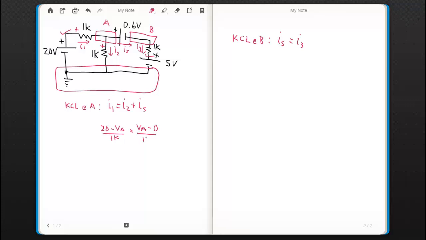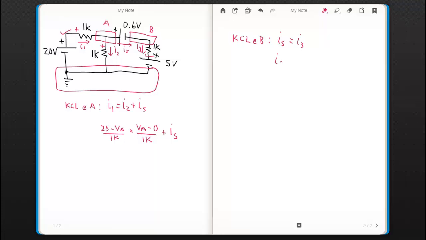Now, this is something we haven't seen before: when you have a current defined through a voltage source like this, you can't use Ohm's law. If you took the ideal internal resistance of the voltage source, which is 0, this term would blow up, because you'd have 0.6 volts divided by that ideal internal resistance of 0, which is infinity. So we're just going to leave that current as IS, and you'll see how we take care of it in the next expression.